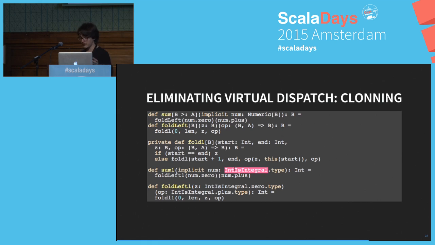And that's what we do. We say that the type of the num is instance integral. We do the same with fold left. So the fold left itself is called with the 0, which is a singleton of the specific instance. And the compiler will actually be able to know that this singleton has only a single value, which is int 0. And it's called with a specific function underline, which is addition from, once again, the singleton type.